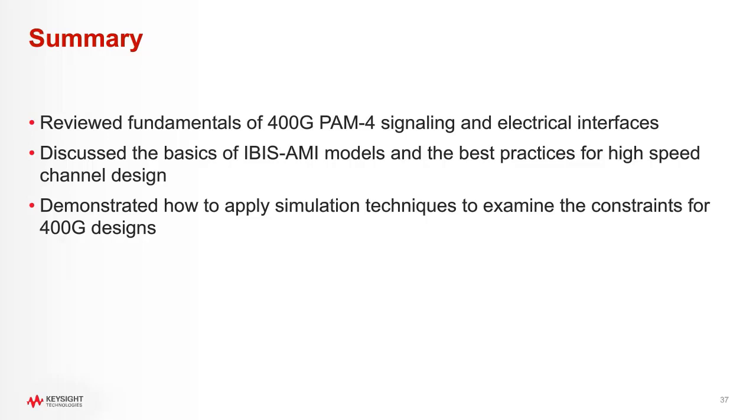Then finally, we demonstrated how to apply simulation techniques to examine the constraints for 400 gig designs against given specifications. Thank you so much for your time and I hope it was a valuable session for you.